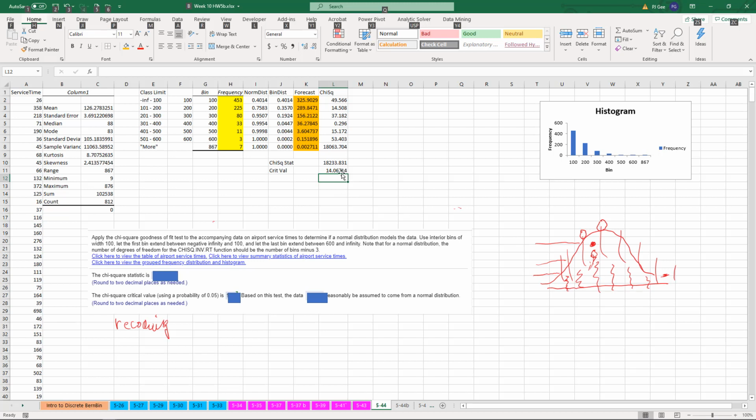The criterion for this test is that the chi-square statistic is less than or equal to your critical value. And we're nowhere near it. We're extremely bad. It's telling us there's something wrong with this picture because we obviously don't have normally distributed data.